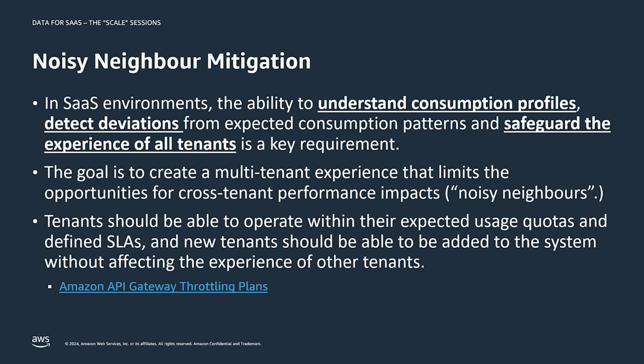One way of doing this within Amazon Web Services is to use our Amazon API Gateway usage plans, which can be used to throttle usage at an API level and introduce quota management, because the usage plans can be assigned to distinct tenants and configured to control the rate of access to a given resource.